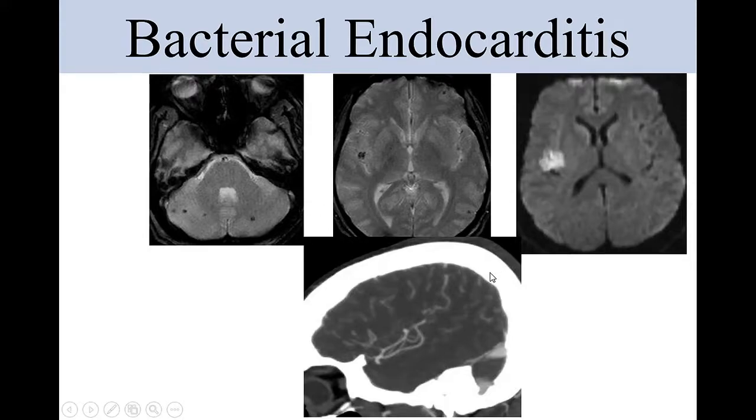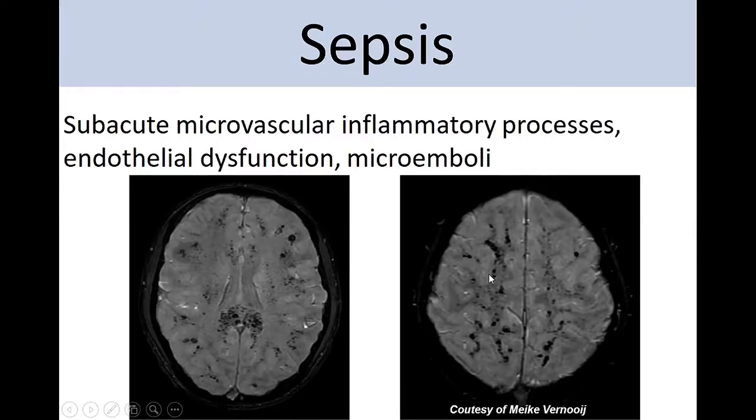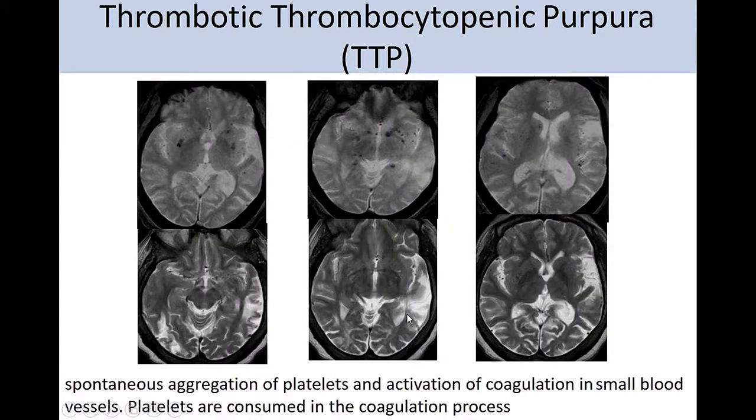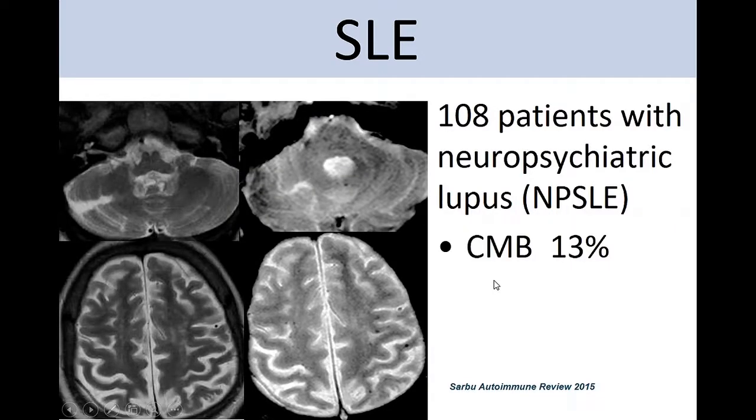The trick is always, do you do the sequence? Is it part of your protocol or not? In a patient with sepsis, you see the widespread changes in the lobar and also in the deep form. And also in this TTP, where you have some microhemorrhages, both deep as well as superficial.